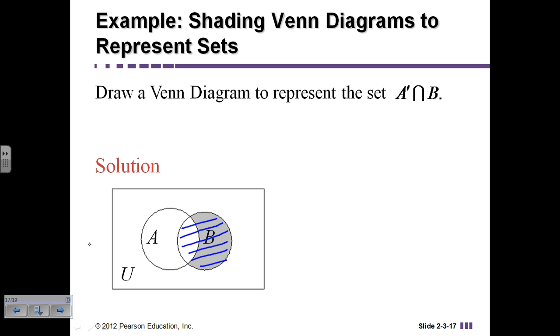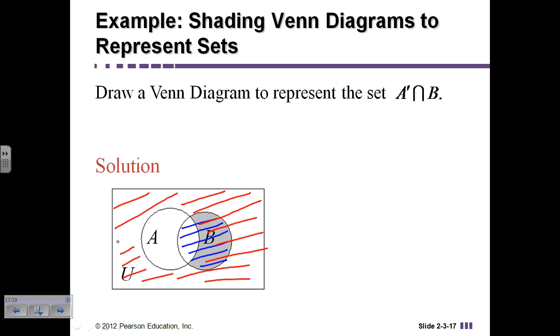A complement are all the values that are not in A. So A complement would be all of this area out here, including this part here that's not in the A circle. So what we're looking for with the intersection, which is the upside down U, is where do these lines overlap? And you'll notice in the shaded region that's the area that's overlapping.